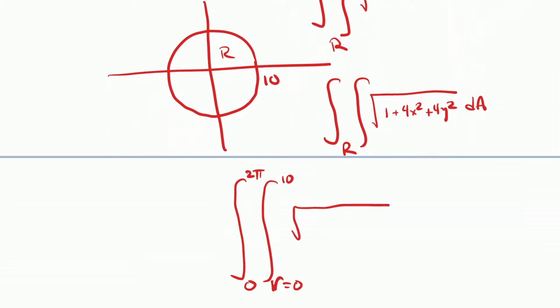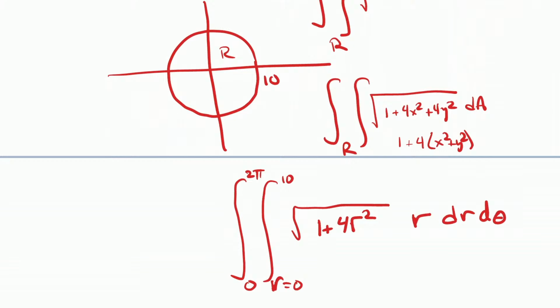Now bear in mind that this is 1 plus 4 times x squared plus y squared, which is 1 plus 4r squared. Don't forget to throw in an extra r because we just converted to polar coordinates. And then dr d theta. Oh, 4. Yeah, 4r squared. Sorry, I was so excited about my r squared, I forgot my 4. There we go.